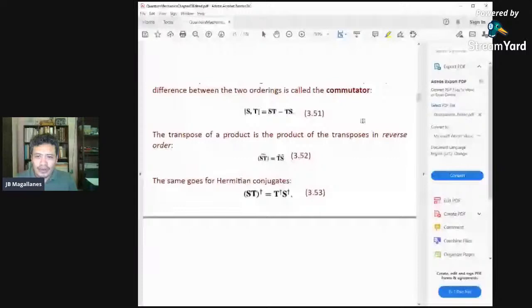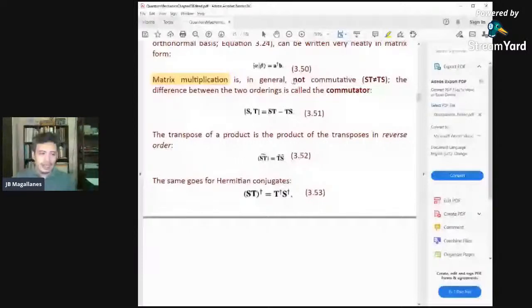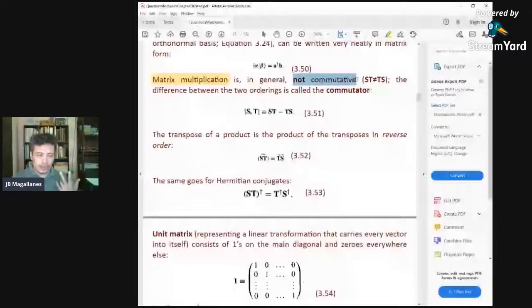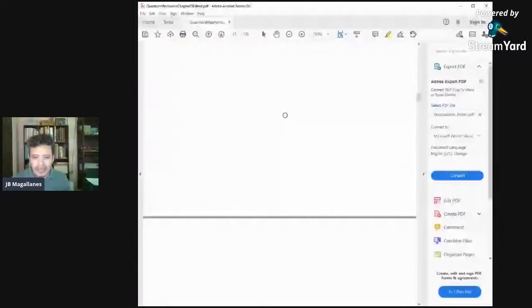In general, matrix multiplication is not commutative, meaning that for two matrices S and T, S multiplied by T is not necessarily equal to T multiplied by S. But there are special cases where they are equal. And we have this notation, S comma T enclosed in square brackets, which is equal to ST minus TS, because most of the time ST is not equal to TS.